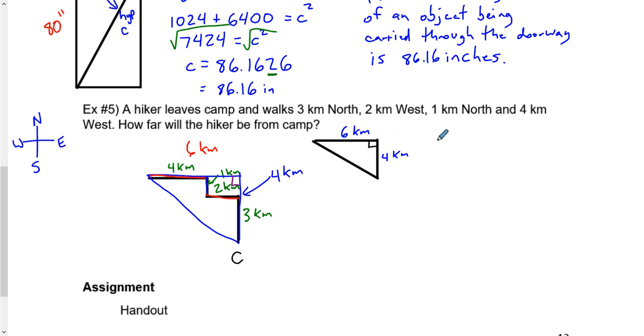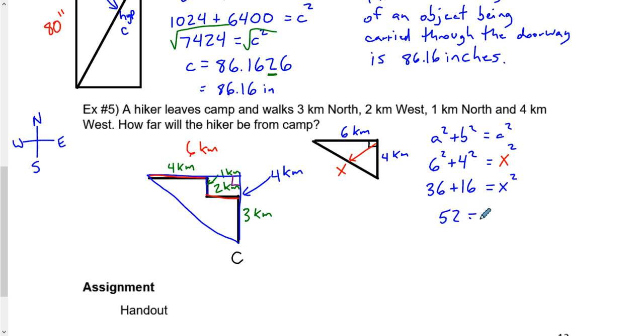Well, there's our Pythagorean theorem. A squared plus b squared equals c squared. Where is our c? Across from that right angle. So that's our unknown. So I'm going to put that in. Make this nice and fast. 6 squared plus 4 squared equals x squared. 36 plus 16 is x squared.